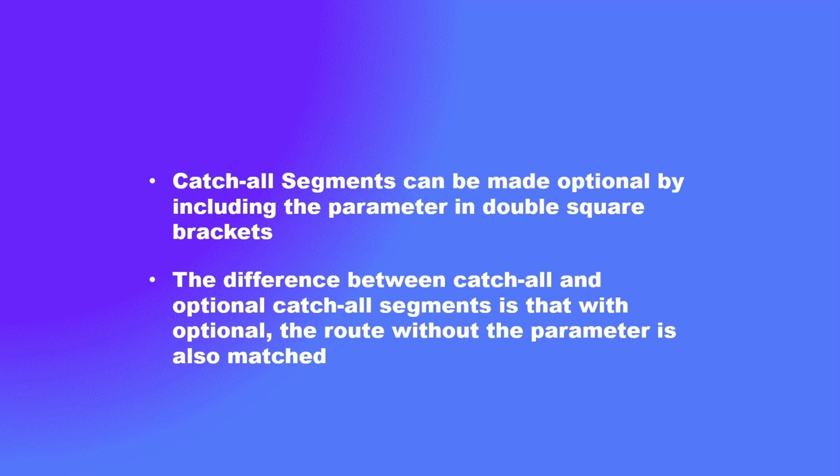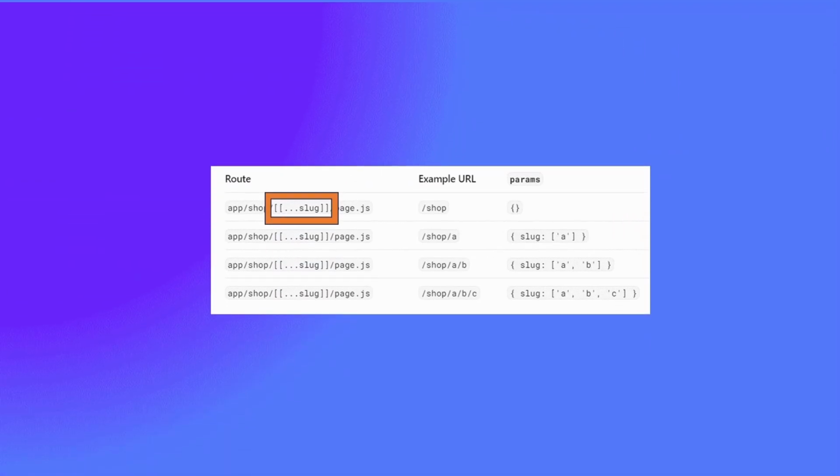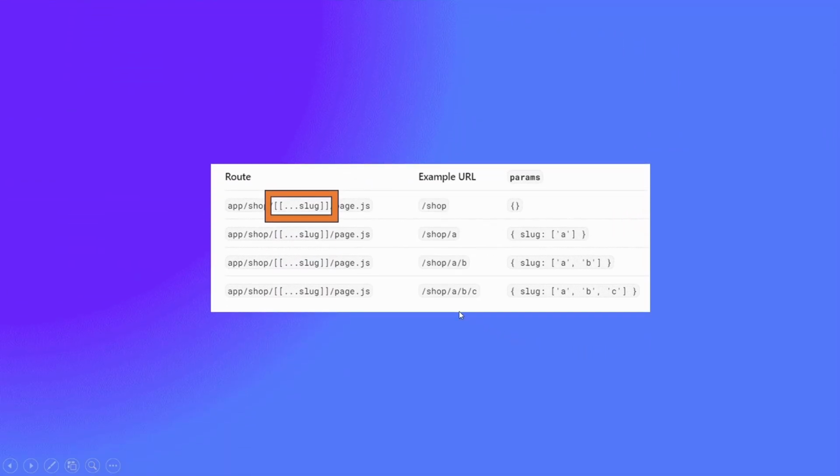For example, if we don't provide any values, the page will still be rendered. You can see the example here. I have updated the syntax here with double square brackets. In the URL, there is no value. Even so, it accepts the parameter and will render the page.